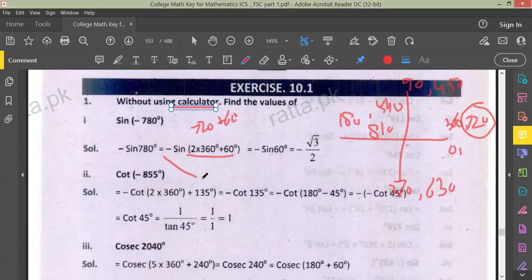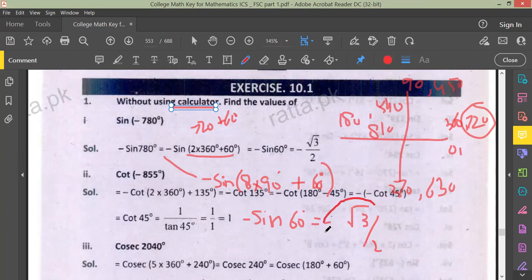You can write it as minus sine of 8 multiplied by 90 plus 60 degrees. Because this is an even multiple of 90, sine will remain the same. So this will be equal to minus sine 60. We know that sine 60 is equal to square root 3 by 2. This is our final answer.